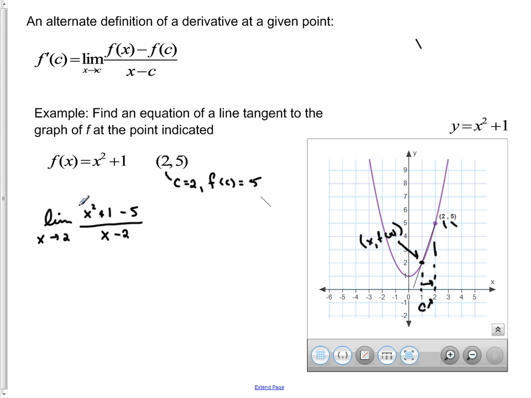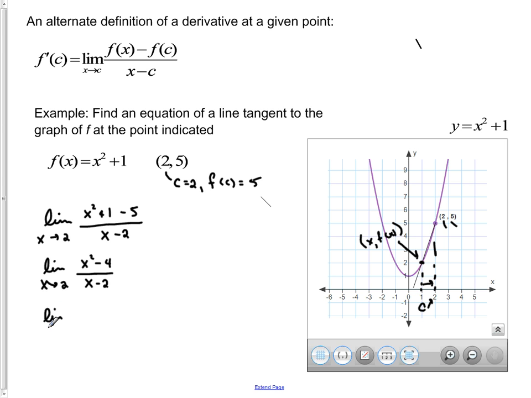And let's see what happens. We take our function, subtract the y value at the point we're interested in, and divide by x minus 2. The limit as x approaches 2 of x squared minus 4 divided by x minus 2 is certainly one we can evaluate because we've done this before.